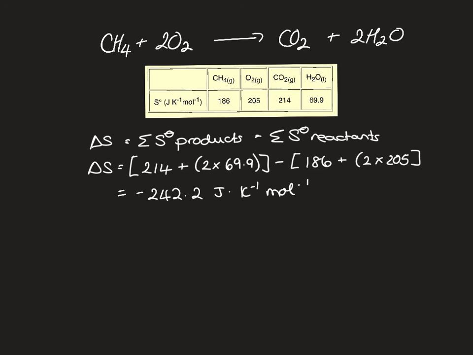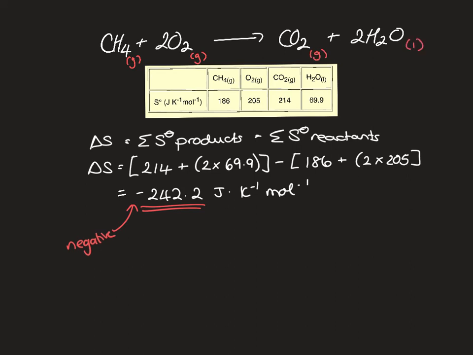So again, we need to do our kind of common sense check here. Is this a sensible number? Moreover, is it a sensible sign? So it's negative, and if you remember from our previous example, if I put the states in here, we were moving from 3 moles of gas. We were keeping 3 moles, but 2 of those moles were liquid.